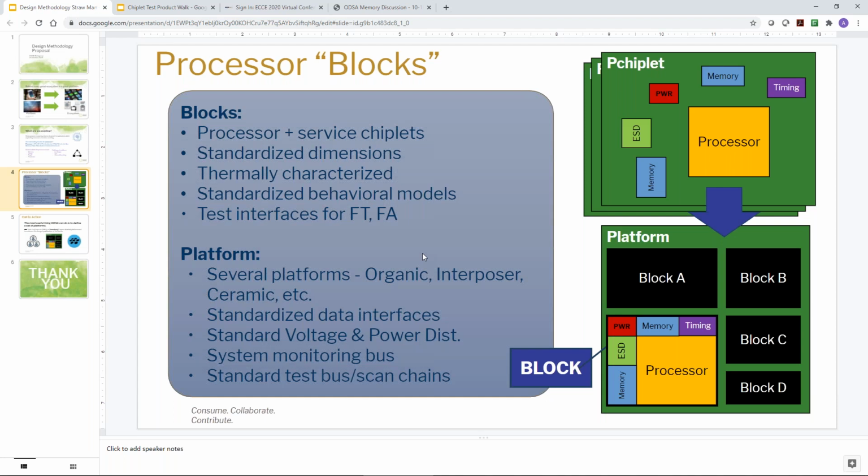But then in the actual process of putting it together, it doesn't have to be pre-assembled. They could still all be assembled as separate die. I thought I heard you say that the block was potentially separate chiplets. They are potentially separate chiplets, but before they go onto the platform, I don't see them having to be pre-assembled together as a block.